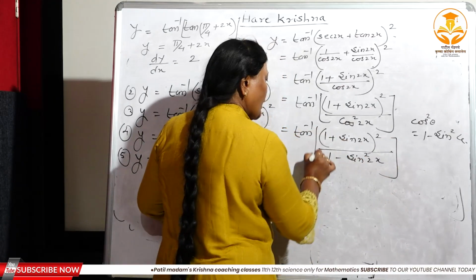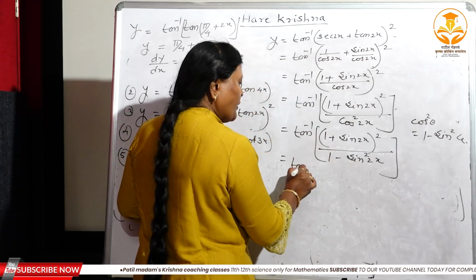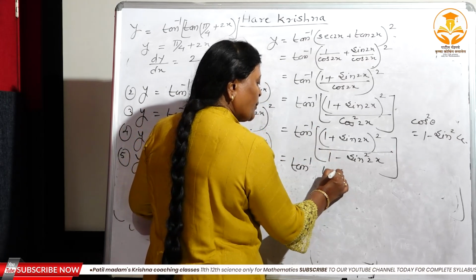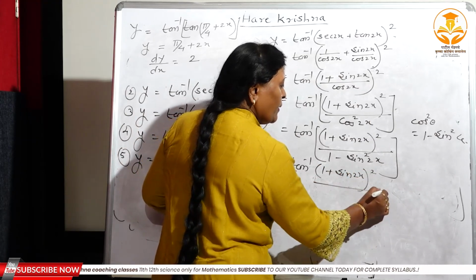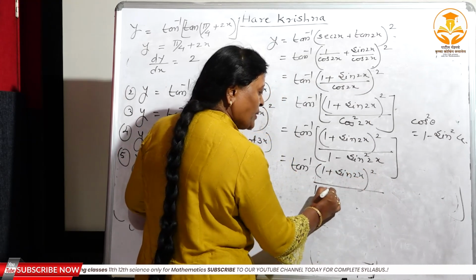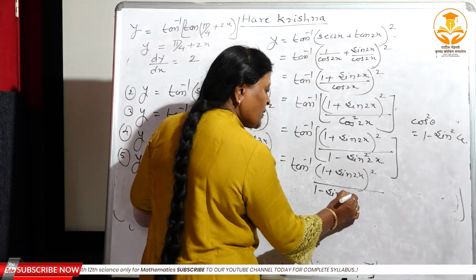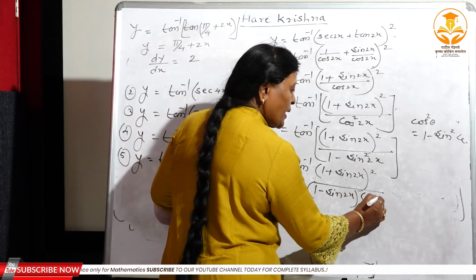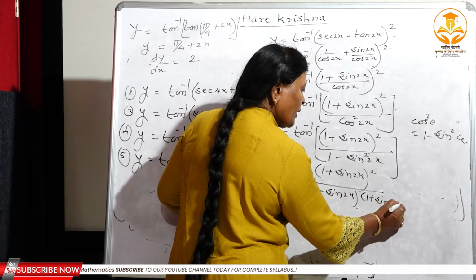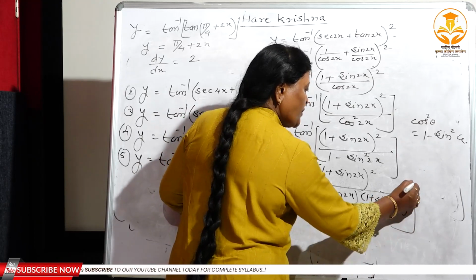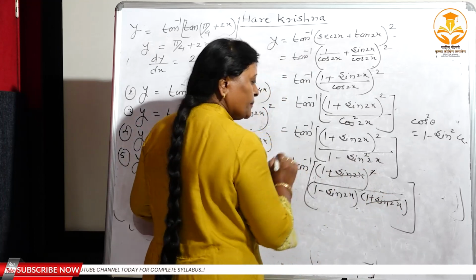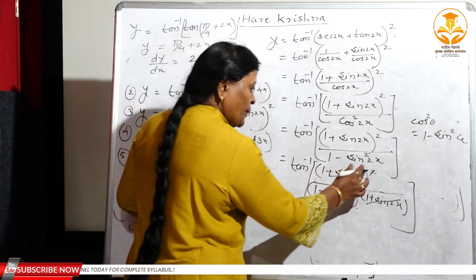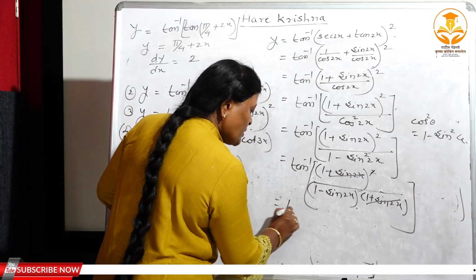Again you can find the factors of the denominator. (1 plus sin 2x) numerator whole square remains as it is. Here a square minus b square means (a minus b)(a plus b): (1 minus sin 2x)(1 plus sin 2x). Again if you observe this, one bracket gets cancelled. And what remains?